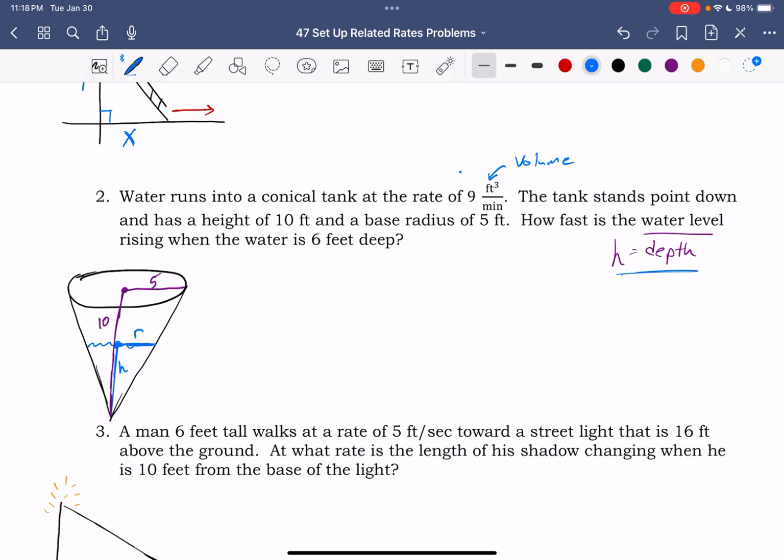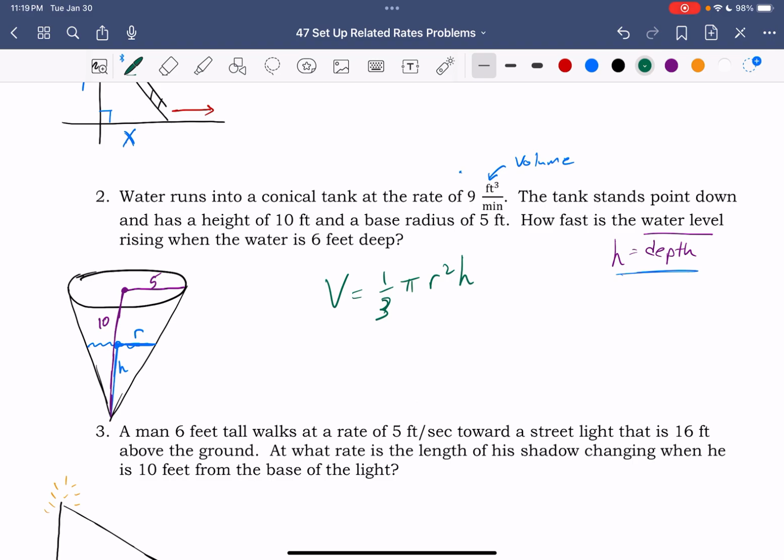So when we look at the equation that we can start with, the volume is 1/3 pi r squared times the height. That would be the volume for any given cone. And so what we have here is volume in terms of both the radius and the height.